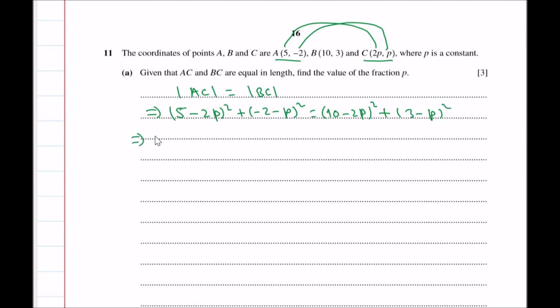Okay. Now if you simplify this by expanding the brackets, we get 25 minus 20p plus 4p square plus 4 plus 4p plus p square is equal to, other side we will have 100 minus 40p plus 4p square plus 9 minus 6p plus p square.